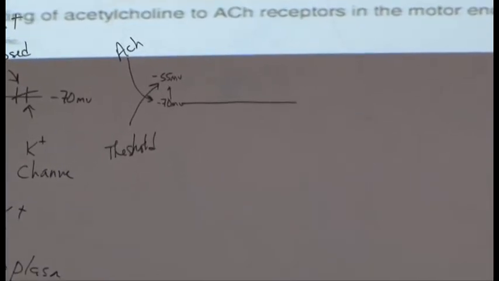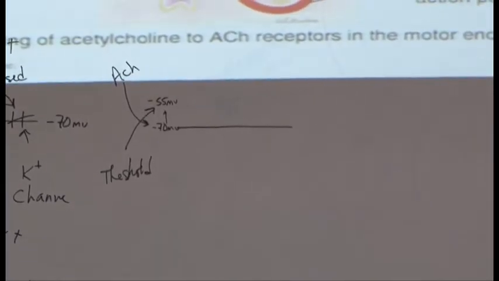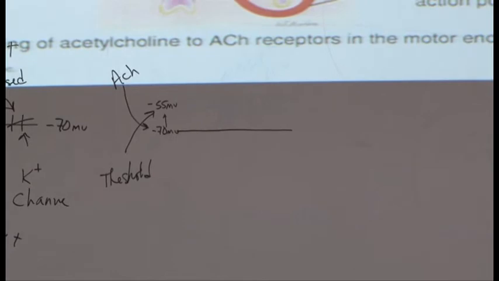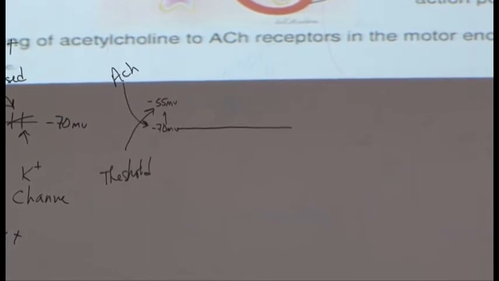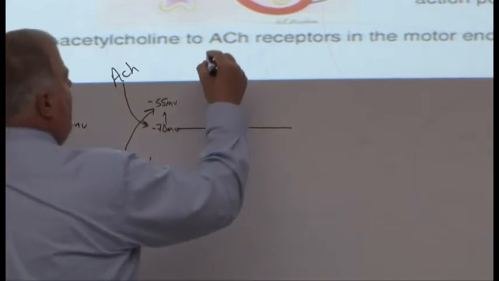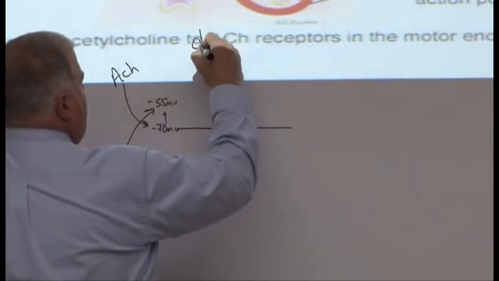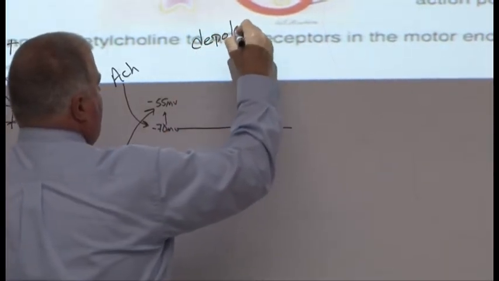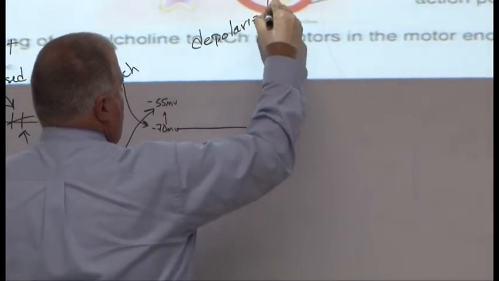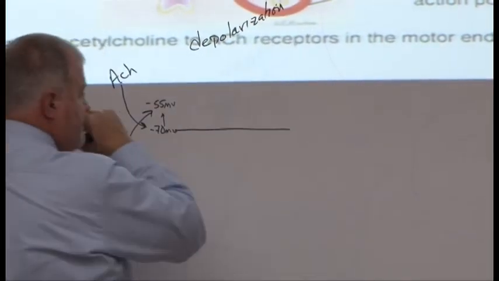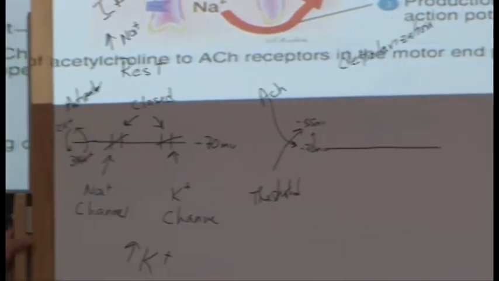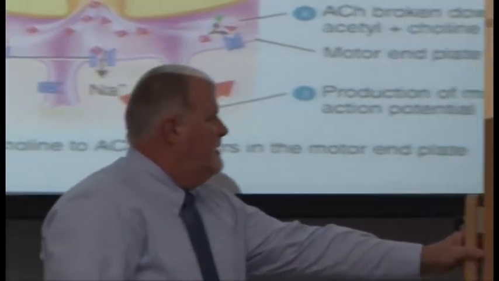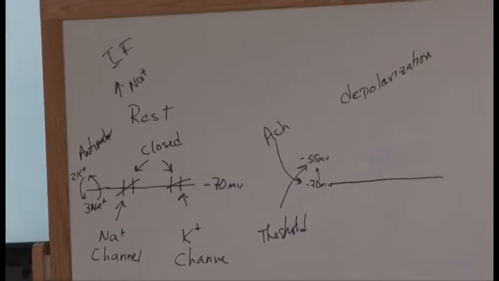So the take-home message is that the critical role of acetylcholine is to allow the membrane to reach threshold. And if we can move the membrane to threshold, then we'll get this depolarization event. Okay. So let's look at the next step and then put the next things together as well.